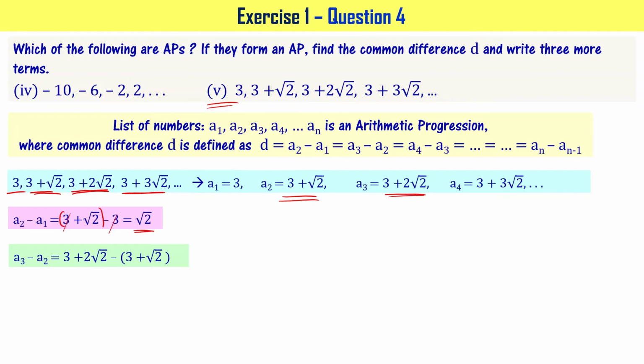Now let's multiply with this minus symbol so that we can expand this and write it as 3 plus root 2 plus root 2 is 2 root 2. I have expanded this, right? Then this is minus 3 and this is minus root 2, right? Root 2 plus root 2 is 2 root 2. If you have any doubt, you can check.